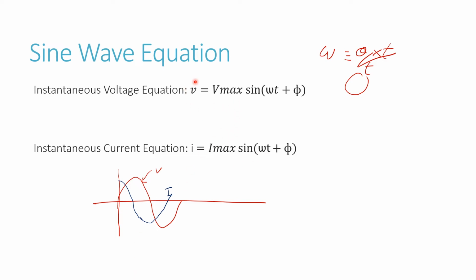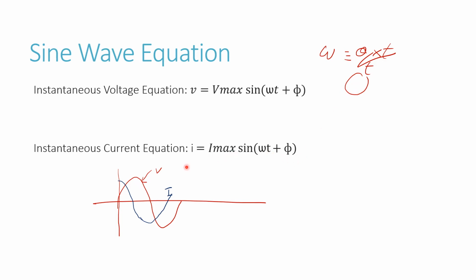We state that the instantaneous value for a voltage sine wave is: v, the instantaneous value, is equal to the maximum value multiplied by the sine of omega t plus phi, where omega is called the angular velocity, t is time, and phi is the phase angle.